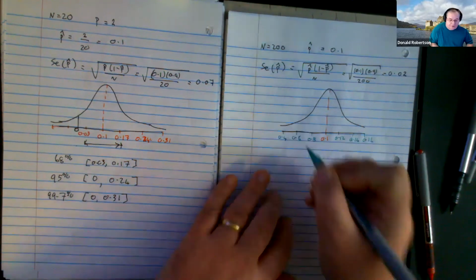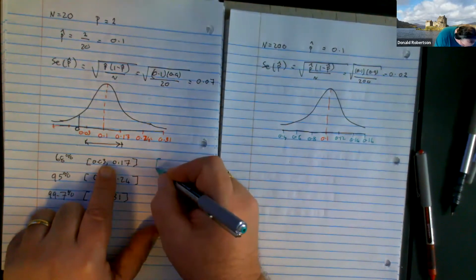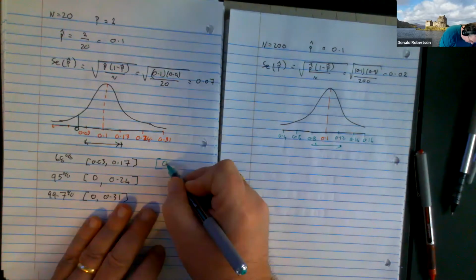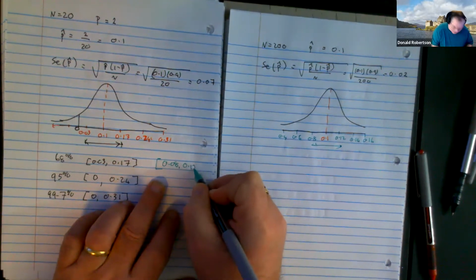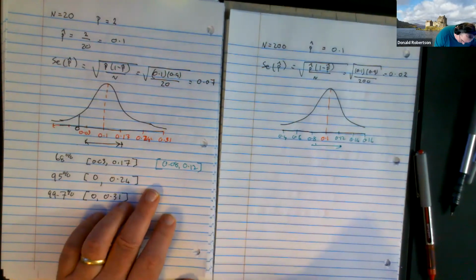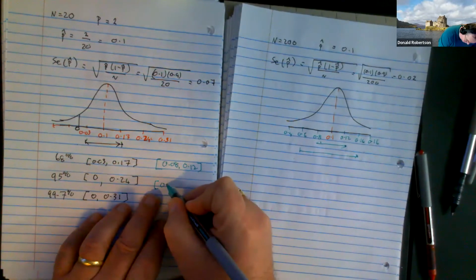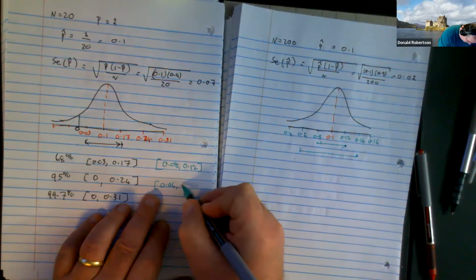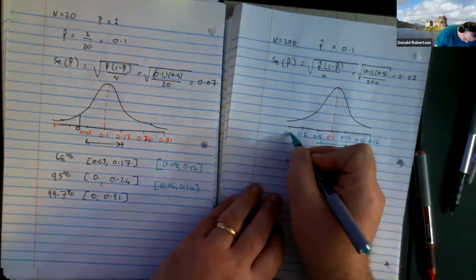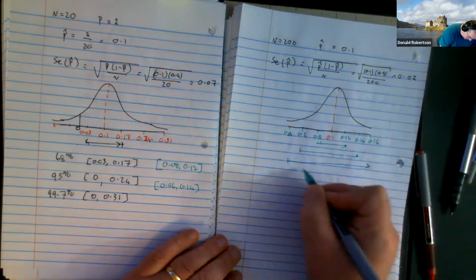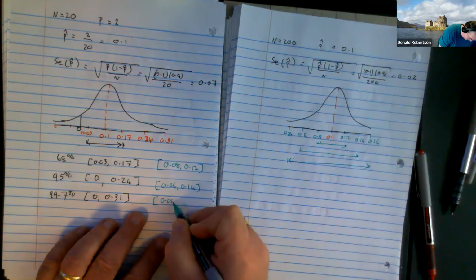I'm going to write the answers here. 68 now is between 0.08 and 0.12. 95 is from 6% to 14%, and we're pretty much certain there's a zero there. And the 99 is between 4 and 16%.